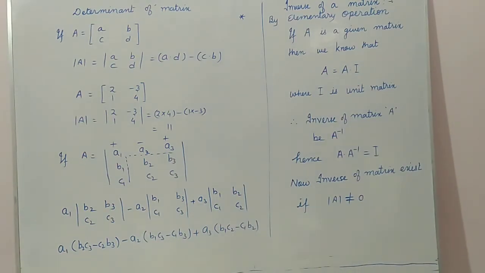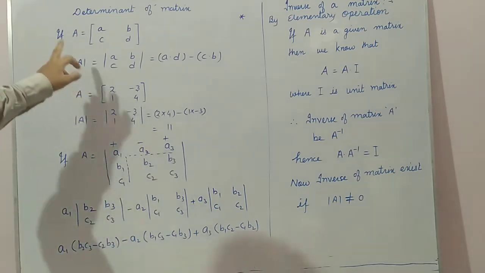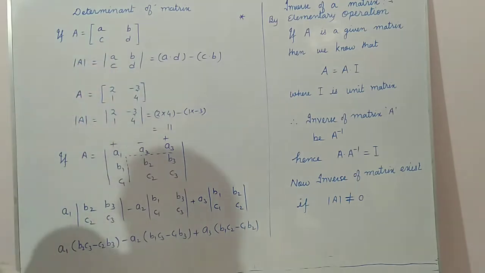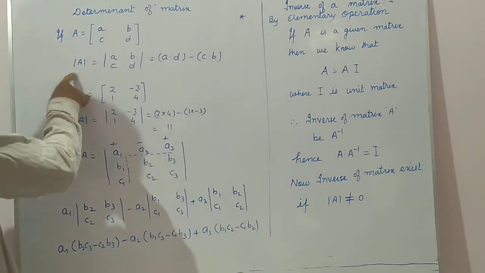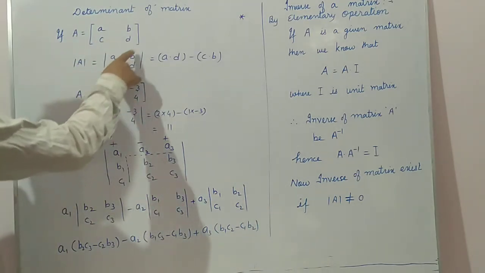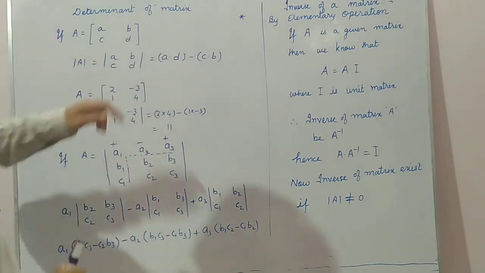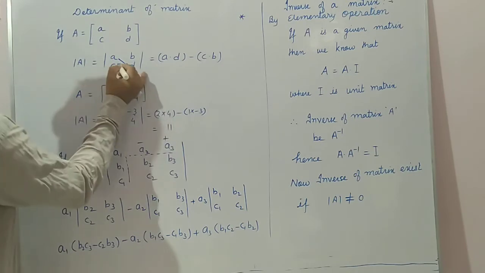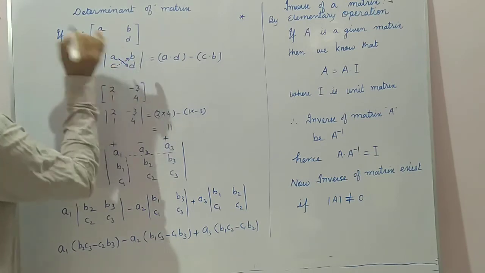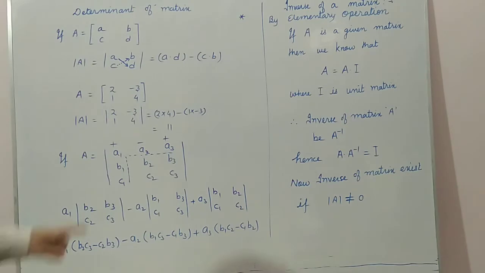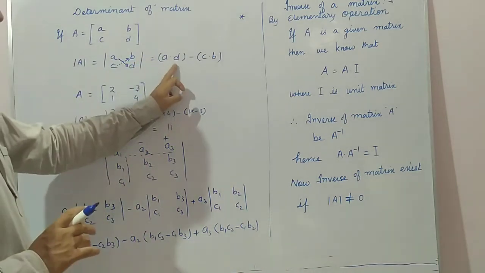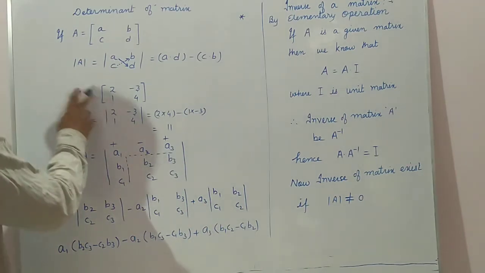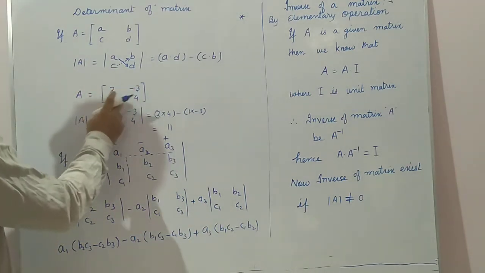Now, first of all, we will have to define how to find the determinant of a matrix. Suppose it is a 2 by 2 matrix, A, B, C, D. Then the determinant of matrix A, this symbol is for the determinant, will be A into D minus B into C. So here I have taken some numbers: 2, minus 3, 1, 4.